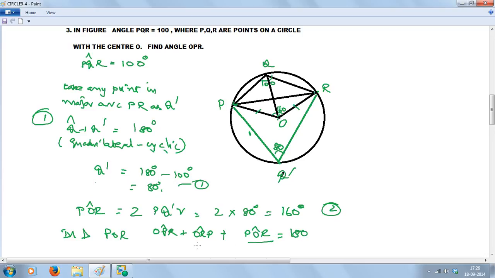We know POR, and these two angles are equal. Angle OPR is equal to ORP, so this is an isosceles triangle.